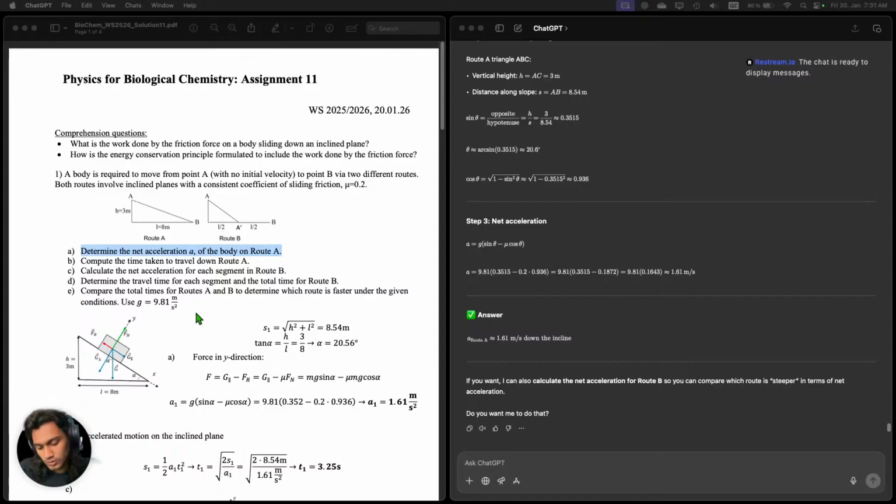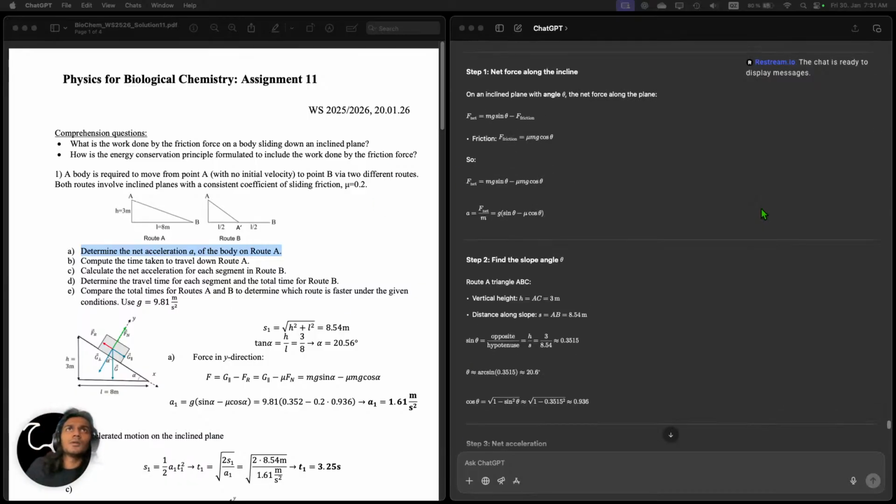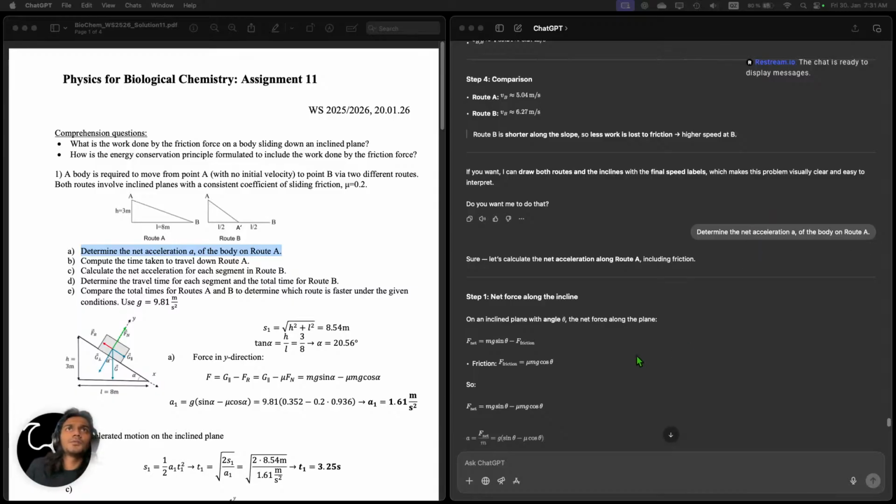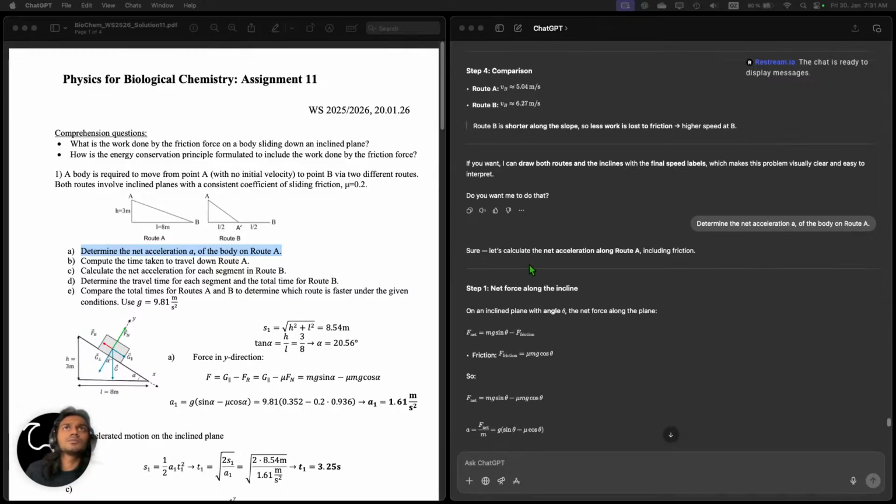Sine theta is equal to opposite by hypotenuse. Cos theta, sine theta. Net force. Let's calculate the net acceleration along route A.